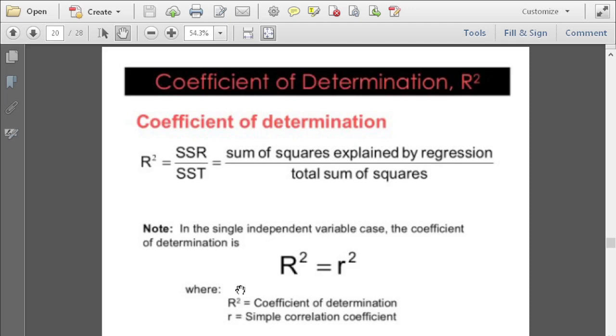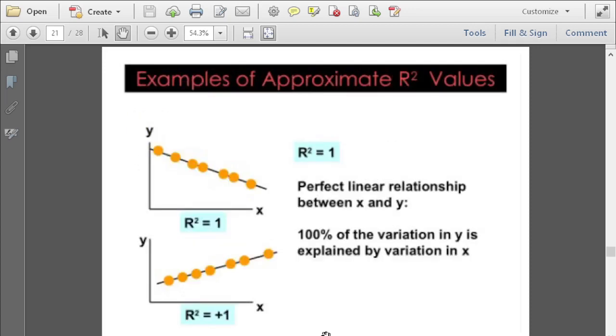Here, the capital R squared, the coefficient of determination, is just equal to the simple correlation. The small r here is the simple correlation coefficient, or, as you can remember, that r value, that correlation value that was discussed in our previous discussion. Okay? So, here are examples of approximate R squared values.